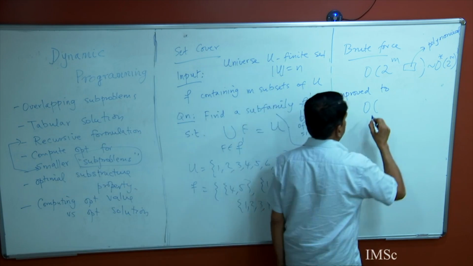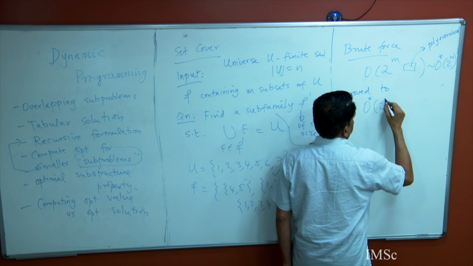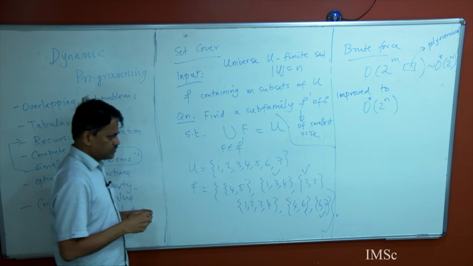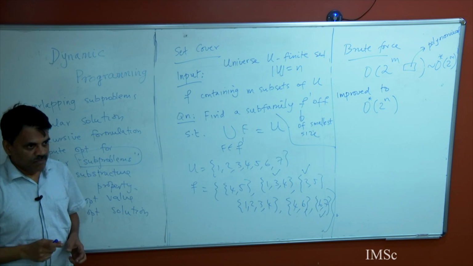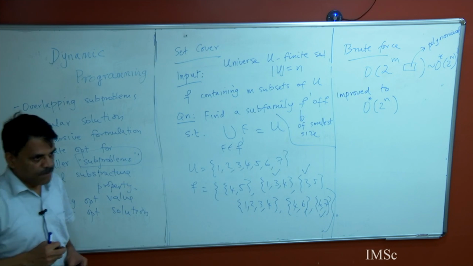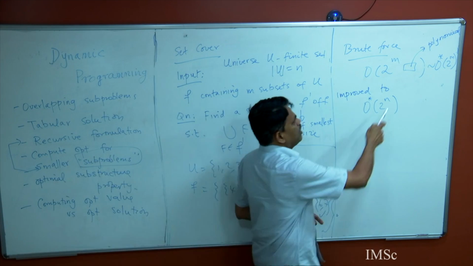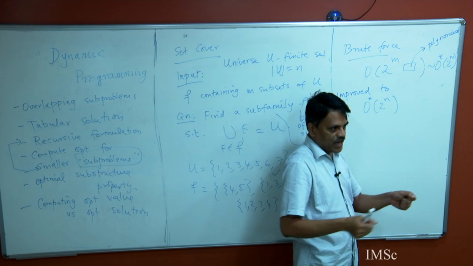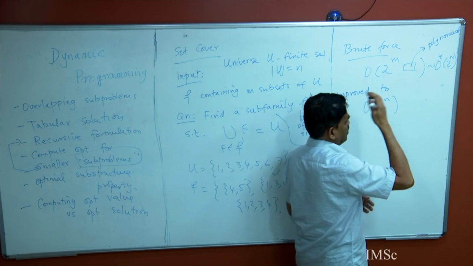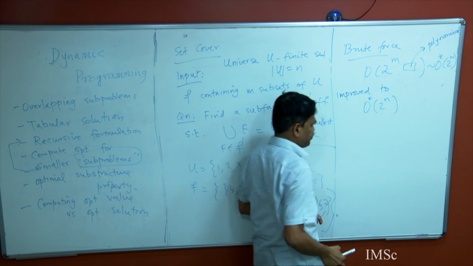So we want to improve it to O star 2 power n. It is like 2 power n times n square or something. That was for taking the whole thing together and checking whether it equals U. What is this time for? Once you have a family, you just take the union of these sets and check whether it covers U.